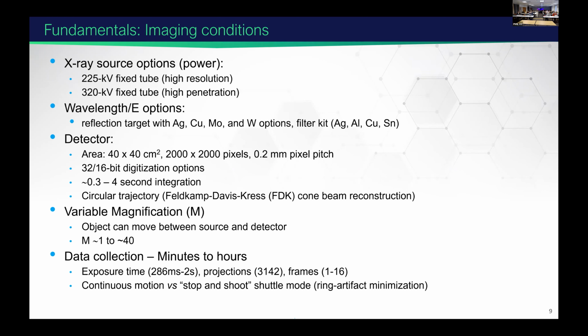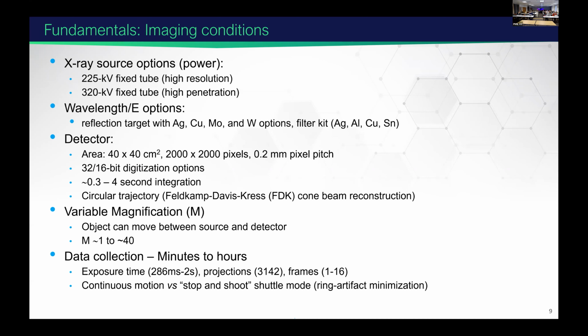And the data collection really depends on a number of parameters such as exposure time, just like in photography, number of projections. You can get away with fewer projections if you have a narrow, tall sample, but the default is 3142, and the number of frames per projection collected basically results in higher signal-to-noise ratio.